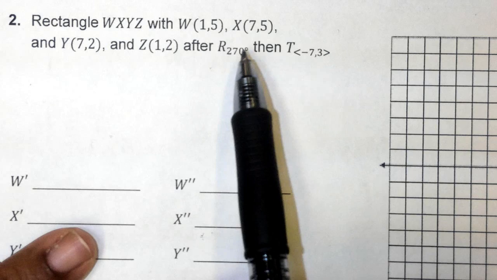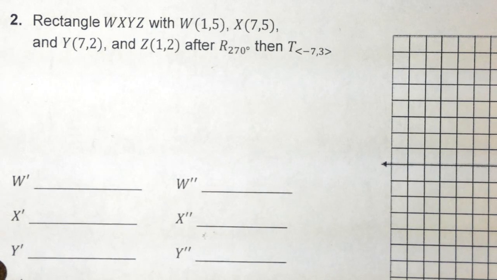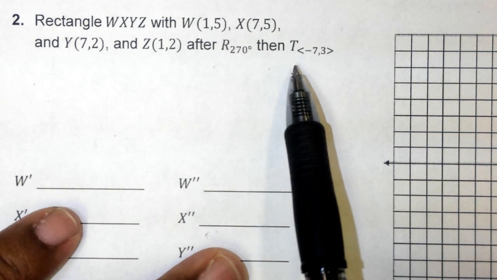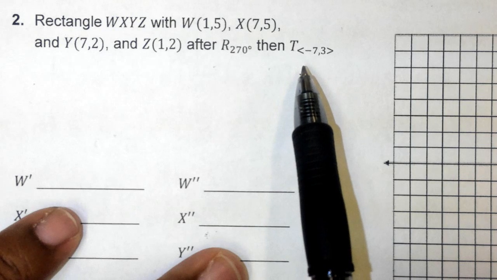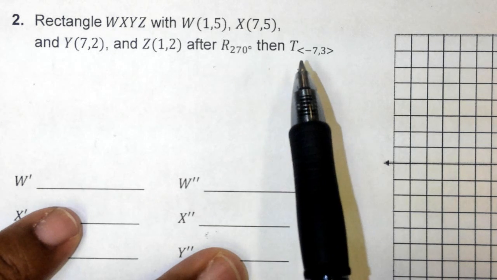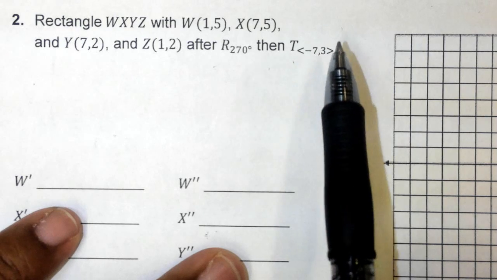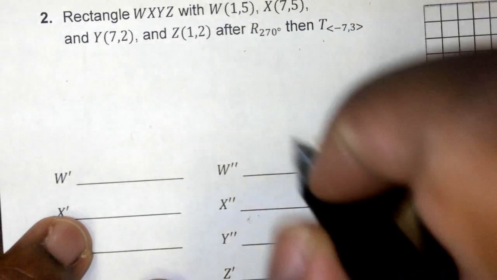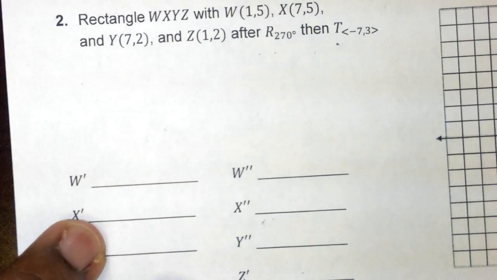Can you recognize the two things they're asking us to do? They want us to rotate it 270, then they want us to do what? Yeah. Translate -7 plus 3, right? Yeah, okay. So they want us to do a rotation, then a translation.